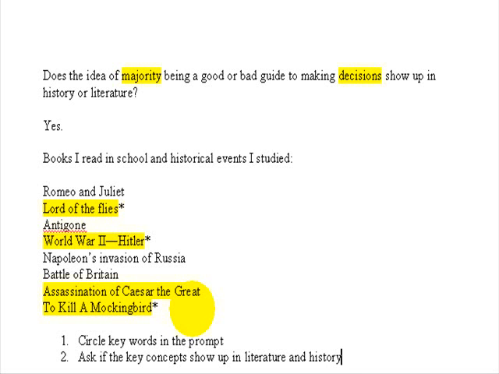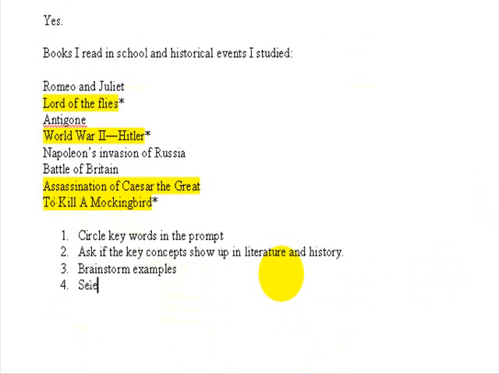They almost always will, but it's good to ask that question. Then brainstorm examples. And after you brainstorm examples, the last thing you want to do is select the best examples. Those are your basic 4 steps for prompt dissection. So circle the keywords in the prompt, ask if the key concepts show up in literature and history, brainstorm examples from literature and history as long as you have them, and then select the best examples.